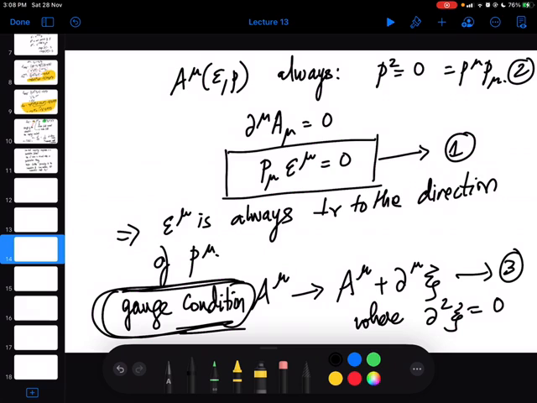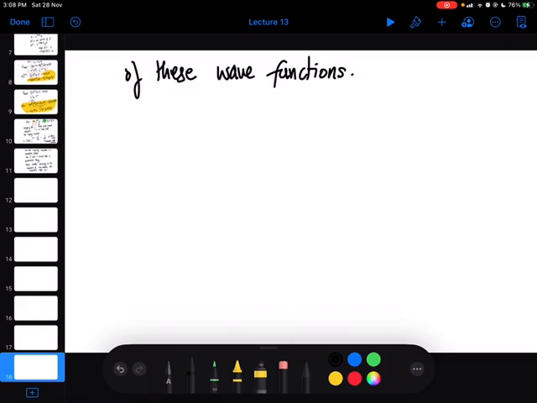So these four vectors, epsilon mu, also form, like I said, a complete set, an orthonormal set.